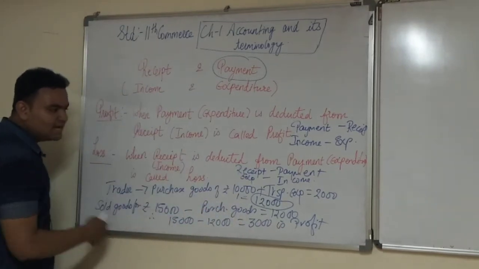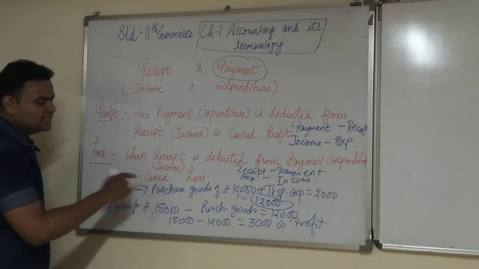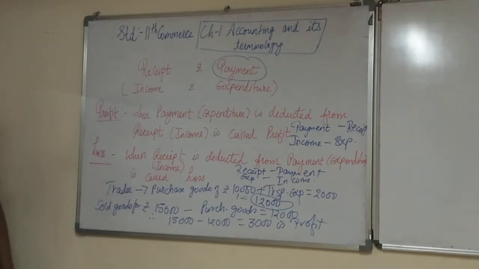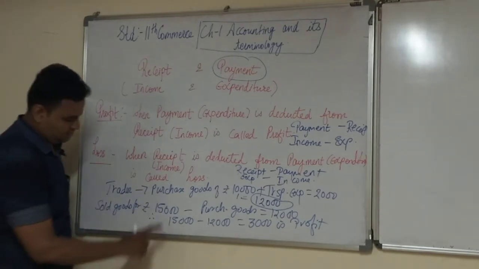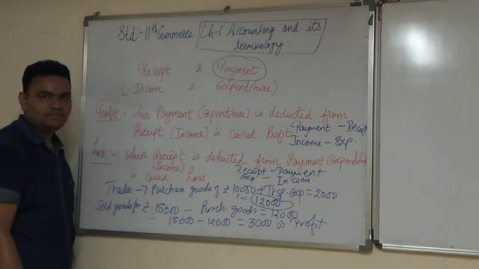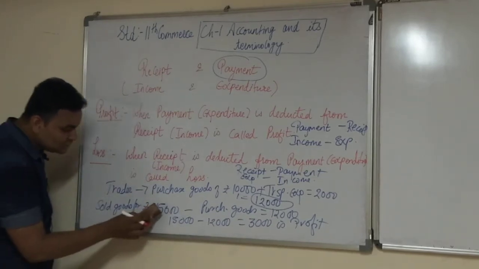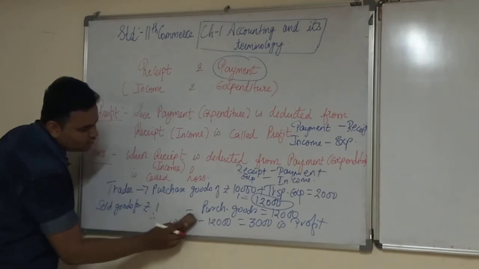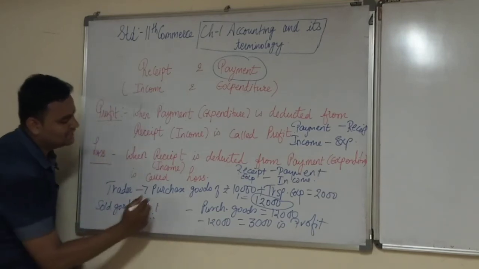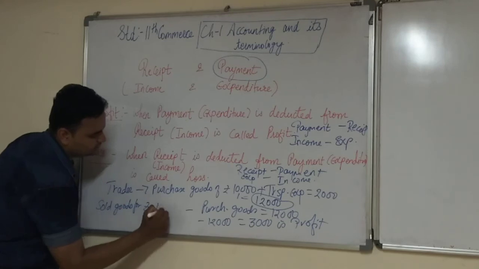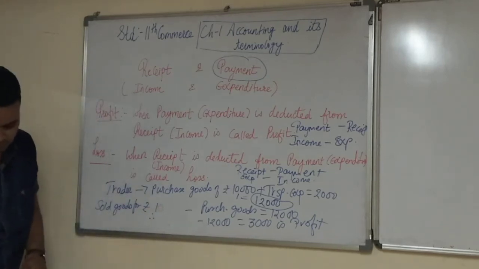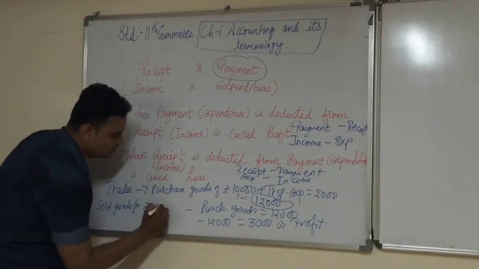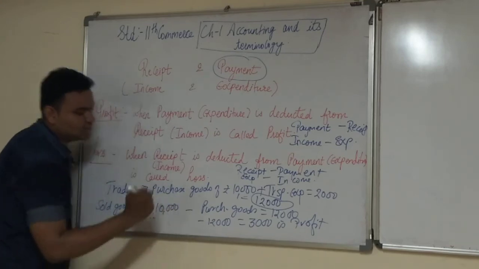This was the example of 12,000 with a profit. Now if I say he has purchased the goods for rupees 12,000, yes, but he has sold the goods for rupees 10,000 only.